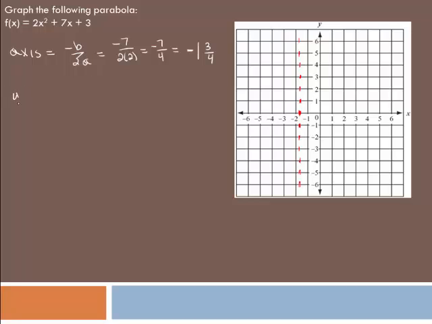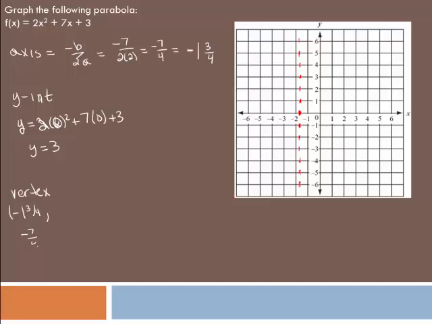The next thing I find is my y-intercept. Two times 0 squared plus 7 times 0 plus 3 gives me that y is equal to 3 again. And then I find my vertex. And we know that x is negative 1 and 3/4.